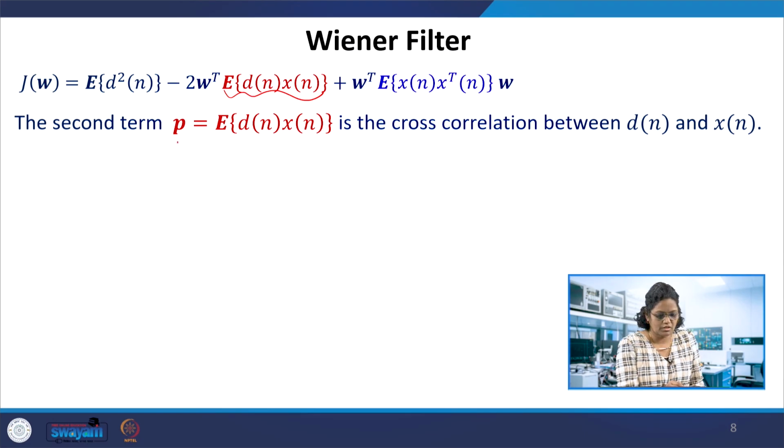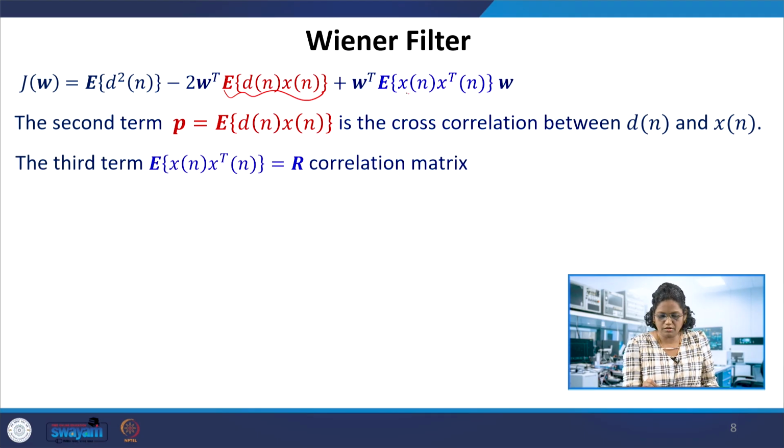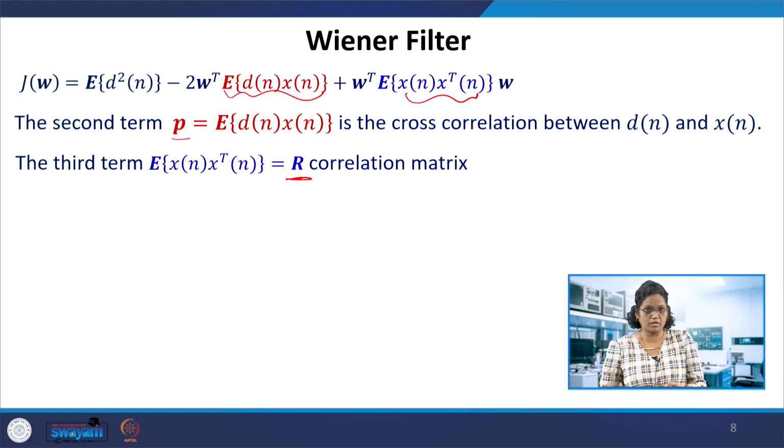Okay, so we term this small p, the cross correlation vector, and then we have the self correlation of x of n and x of n transpose. x of n is the input signal from which we are going to remove the unwanted signal. So x of n correlated with x transpose, itself, is a correlation matrix. So p and R will be used throughout the development of the adaptive algorithm.